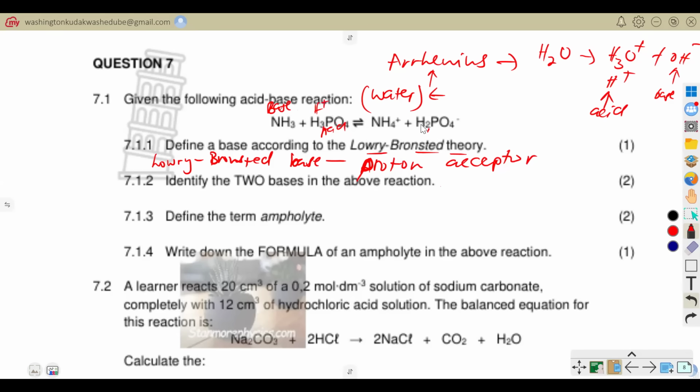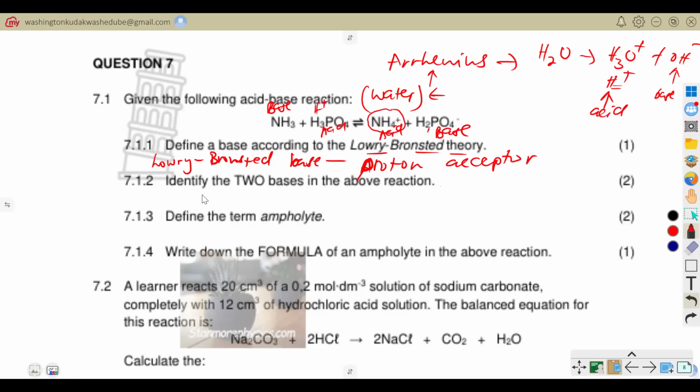And then when you come to this side, you would have this as an acid, because already it has got NH4 plus. It is increasing the H plus ions. So this one becomes an acid this side, this one becomes a base this side.